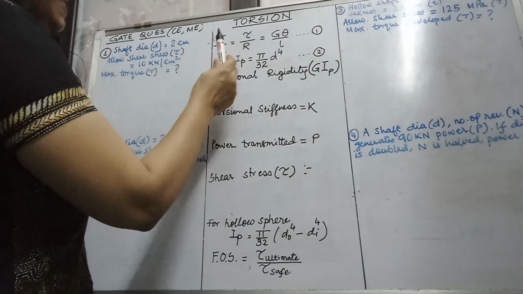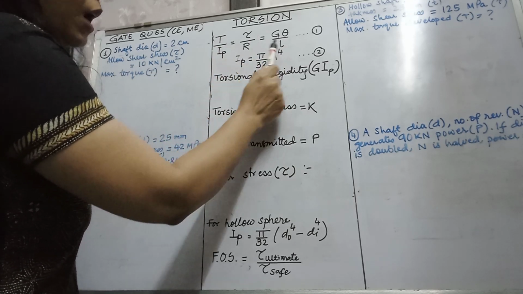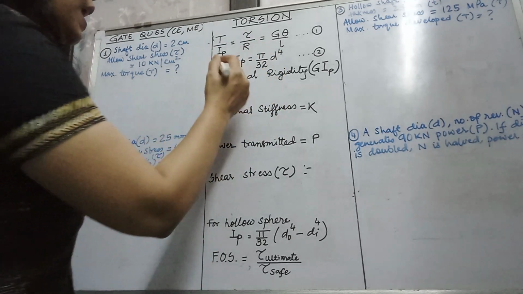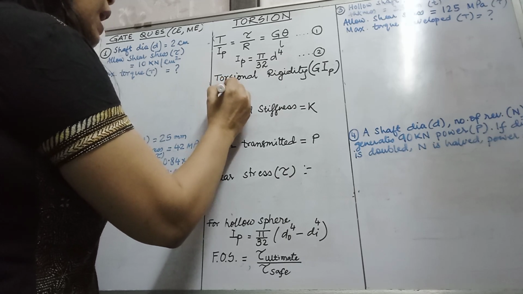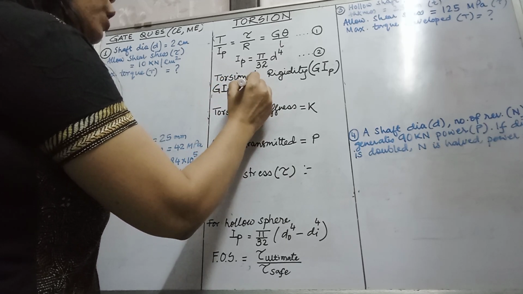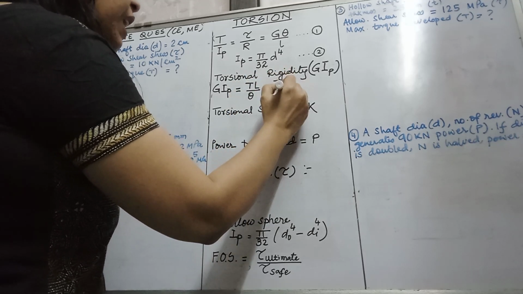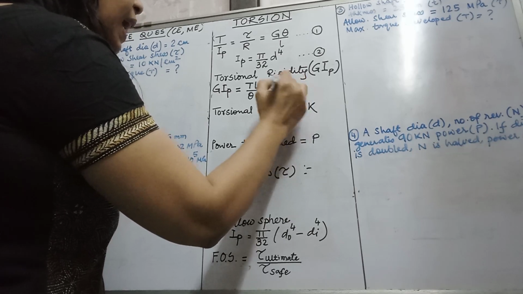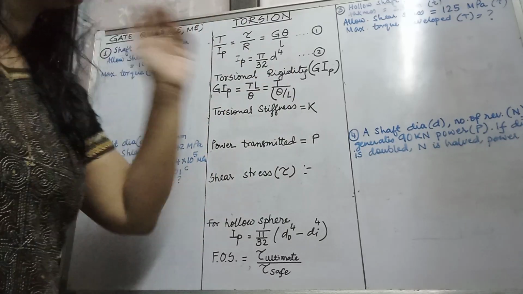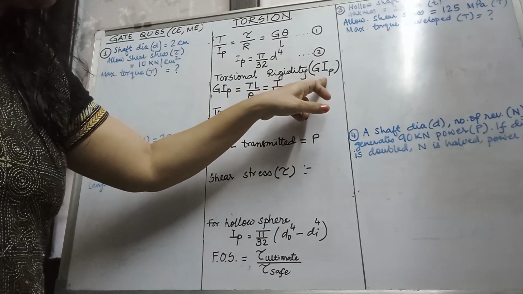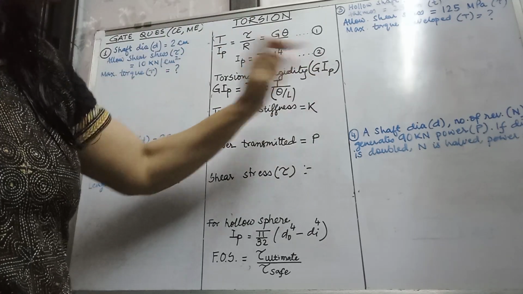If we take part number 1 with part number 3, we can cross multiply and write GIP is equal to T L by theta, or T divided by theta by L. So torsional rigidity is GIP, the product of shear modulus and polar moment of inertia.